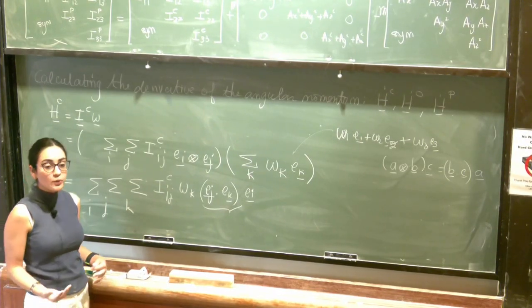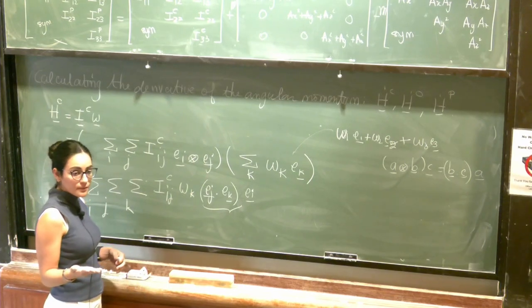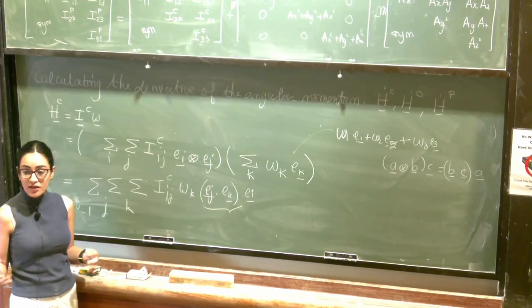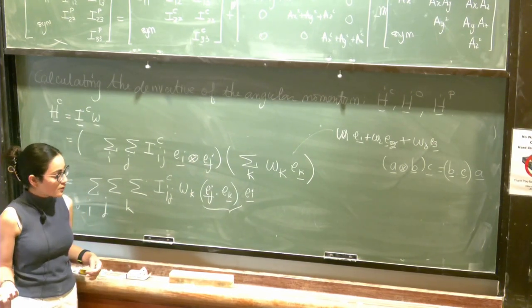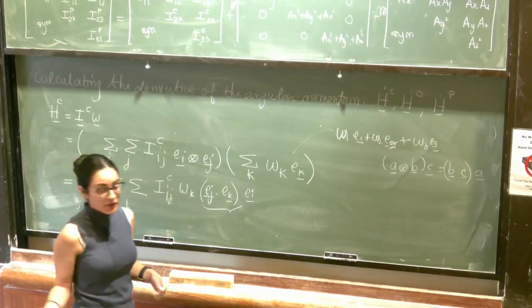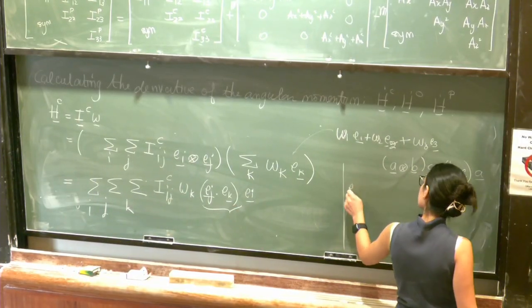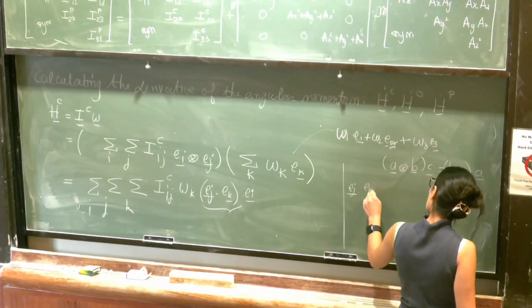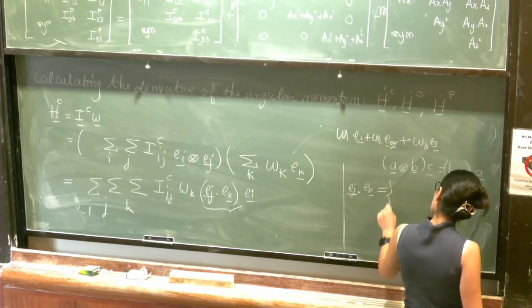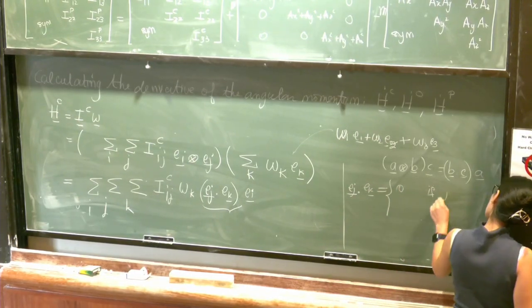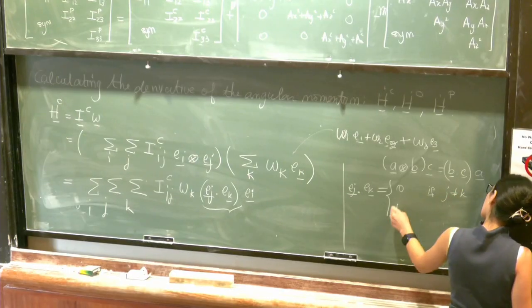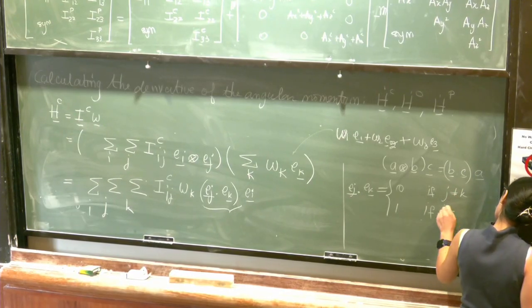In which case is the dot product 1? Exactly. In which case is it 0? If they're different, right? So e_j dot e_k is equal to 0 if j is different than k, and it's 1 if j is equal to k.